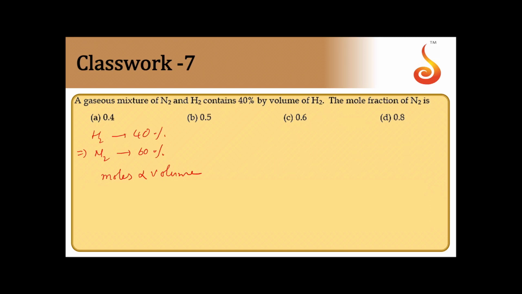And therefore the mole fraction of nitrogen will be equal to the mole percentage of nitrogen, which is 60, divided by 100. So the answer is 0.6. Option is C.